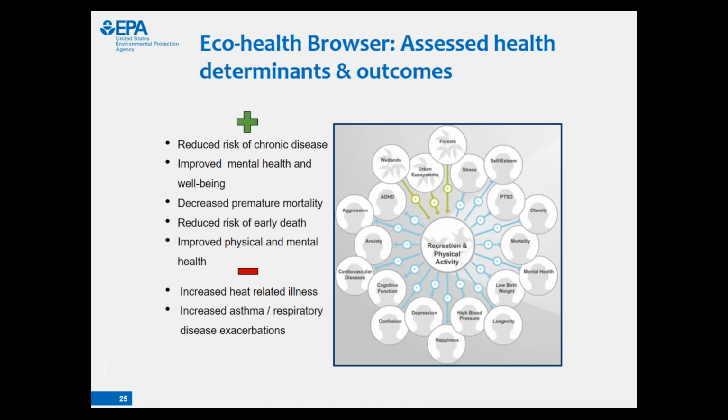Another really neat thing in EnvirAtlas is called the EcoHealth browser. One of the things that we understand intuitively but don't always express scientifically is that the better our environment, the better our health. And there have been a lot of scientific studies that relate those two things together. So the EcoHealth browser is an effort to compile all the scientific data behind the connections between ecosystems, their health, and human health.